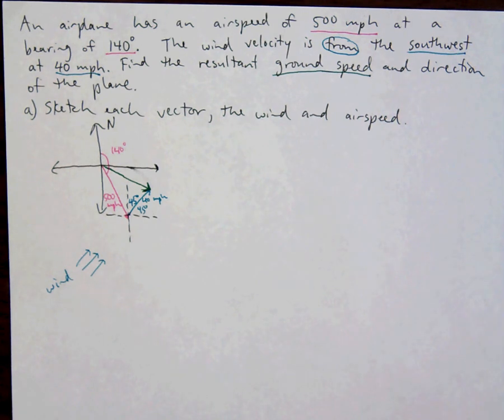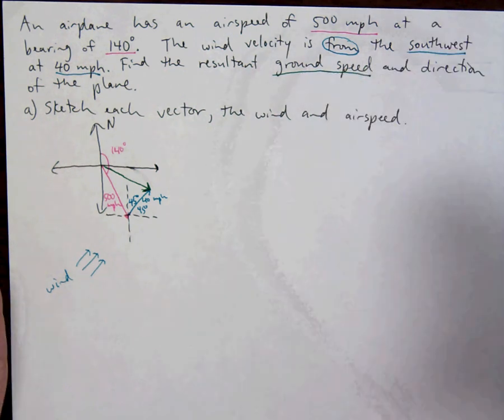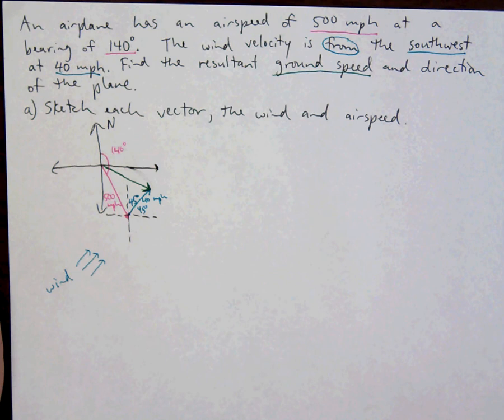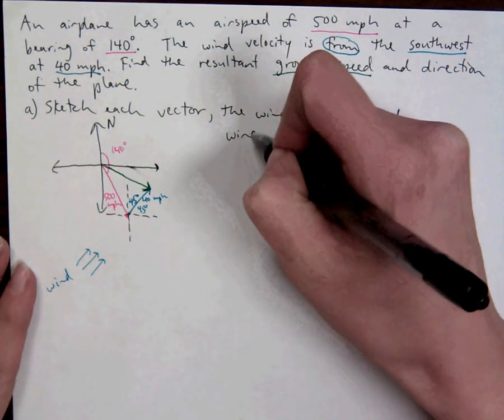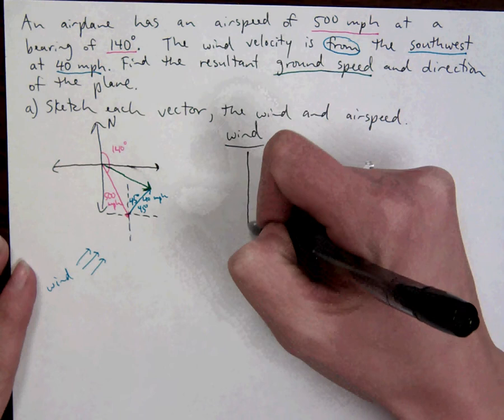Okay, so again, we should probably separate them out here, make the wind and the airspeed separate for parts B, C, and so on that I'm going to ask you about. So I'm going to go ahead and separate them right here so that we can look at them more.